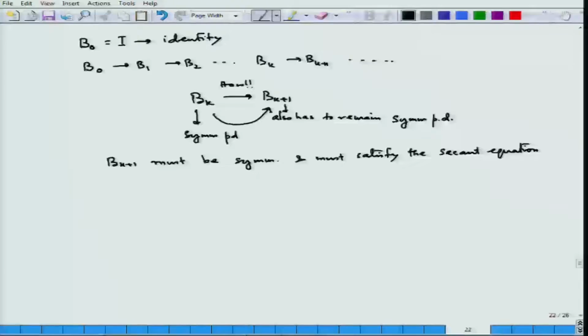So, what we really do is we want to find the B_{k+1} through a problem of minimization in terms of matrices. When I have a B_k, I now want to look into this particular kind of problem.